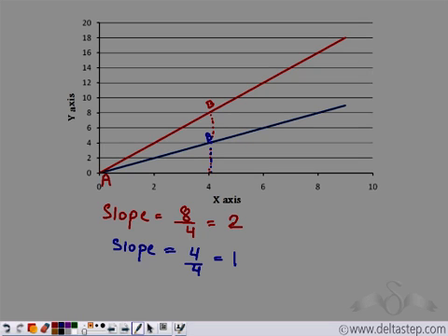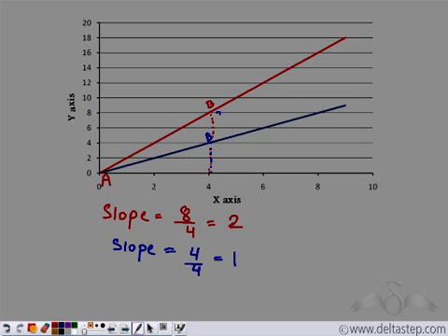So what do we see? We see that the slope of red line is higher than that of the slope of blue line. Red line is steeper than the blue line. And why is it so? Because for the same change in x coordinate, the change in y coordinate of red line is more than that of blue line.